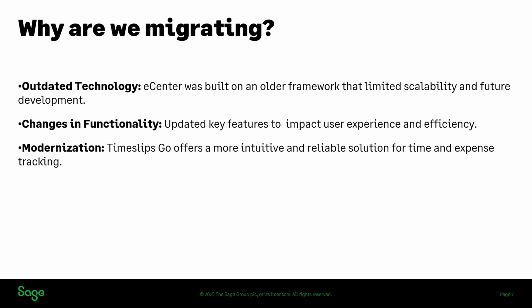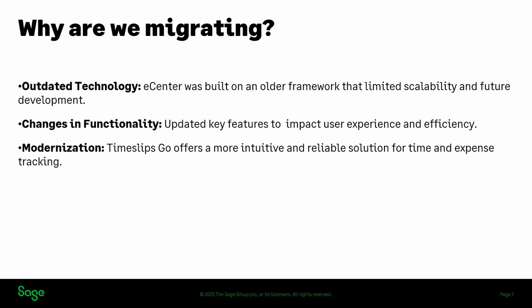You will also get an email to activate your Sage Timeslips Go service, and you will also see a cancellation email that is from the eCenter service. The cancellation email isn't very descriptive, and it'll say something to the effect that your Sage Timeslip subscription has been canceled.